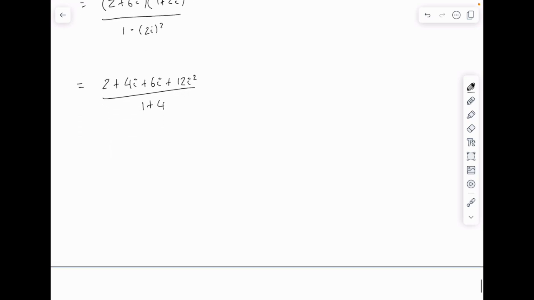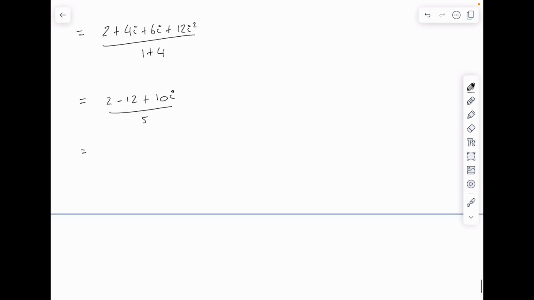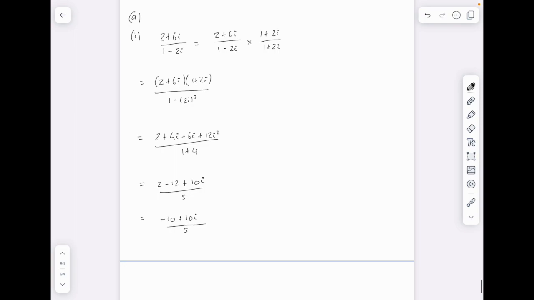So what's this going to give us? Well, we get 2 minus 12 plus 10i over 5, which gives us negative 10 plus 10i over 5, which naturally we can then get down to negative 2 plus 2i. Alright, cool. So that's number i.